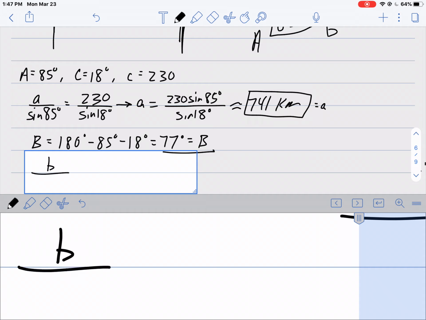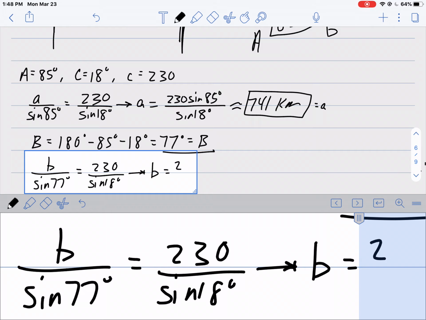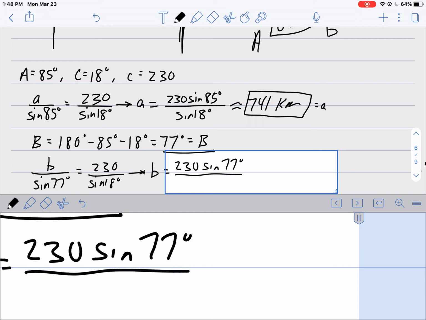So now we've got our ratio of B to sine B. And again, I'm just going to use the 230 over sine 18, the C over sine C. So that B would be equal to 230 sine of 77 over the sine of 18.